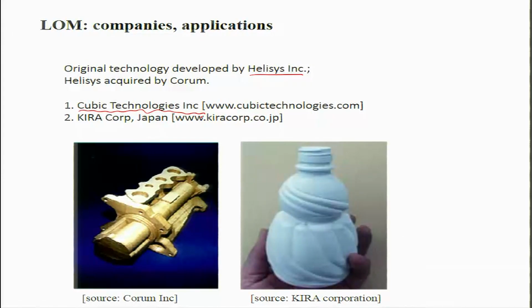One is Cubic Technologies Incorporated, and another is Kira Corporation Japan. These are some parts developed by these two sources. This is a valving module for an automotive structure, and this is more like a carry bottle, developed using laminated object manufacturing or LOM techniques.